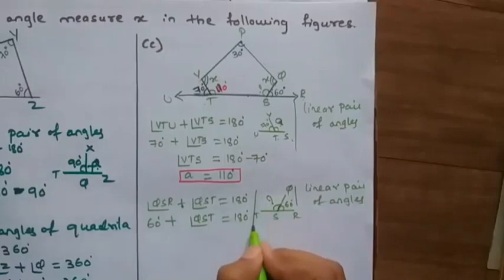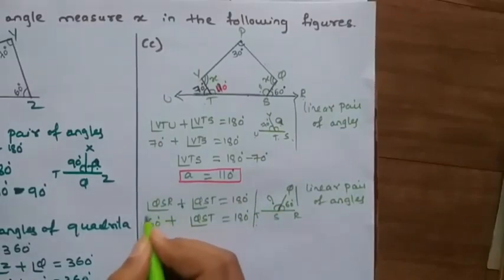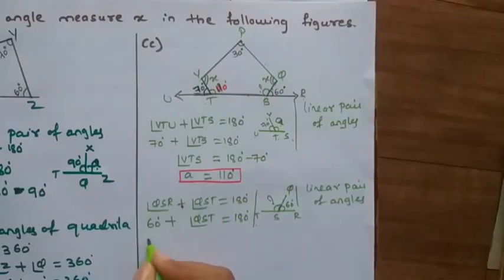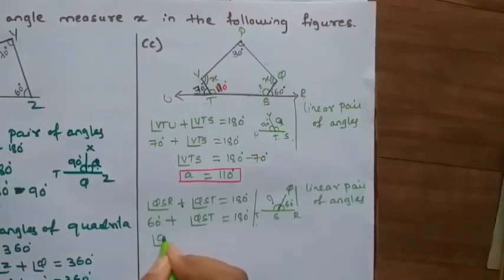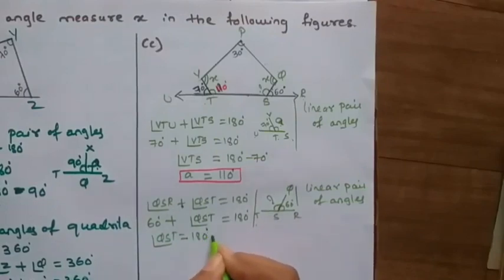degree. Okay. So again 60 degree is a constant number. When it goes to the right hand side, plus 60 becomes minus 60 degree. Angle QST is equal to 180 degree minus 60 degree. So which is equal to how much? Angle QST is equal to 120 degree.